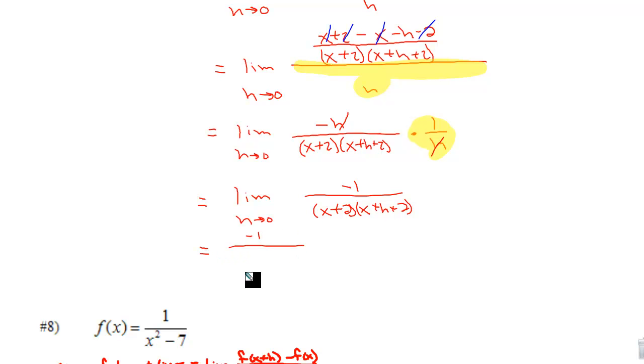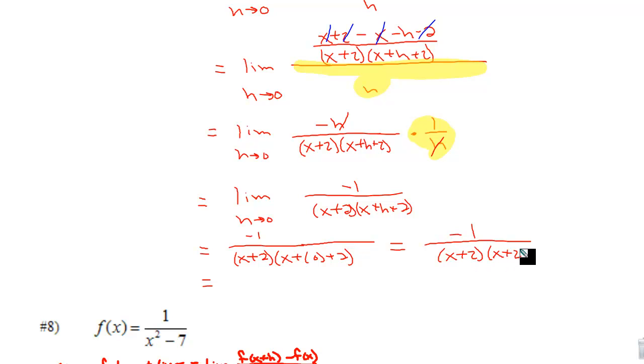Now evaluate the limit. Evaluating it means to replace the h's with 0. Running out of space, so I'm going to go to the right here. We get x plus 2 times the sum of x and 2.